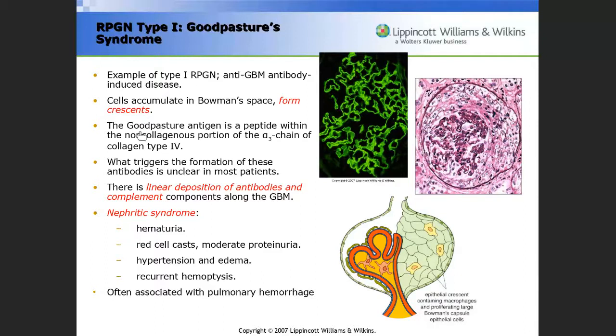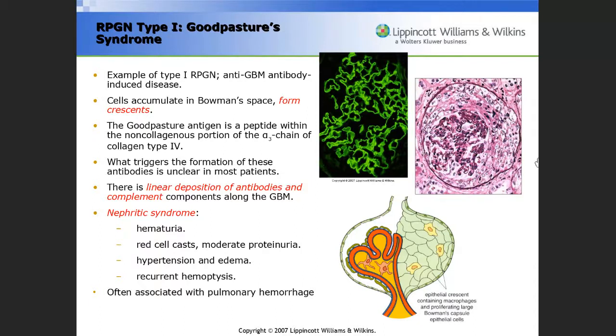Again, Goodpasture involves type 4 collagen, but it's different from Alport. Alport is also type 4, but that's associated with hearing and vision impairment. That's Alport, and Alport could be either nephritic or nephrotic.